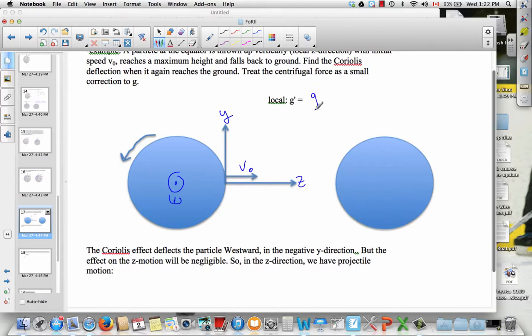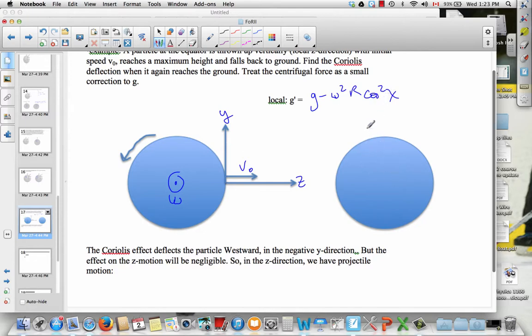Now the local gravitational field is modified by the presence of the centrifugal force. And so if we're at latitude lambda, that will be omega squared r times cos squared lambda. But if we're at the equator, then that term just disappears.